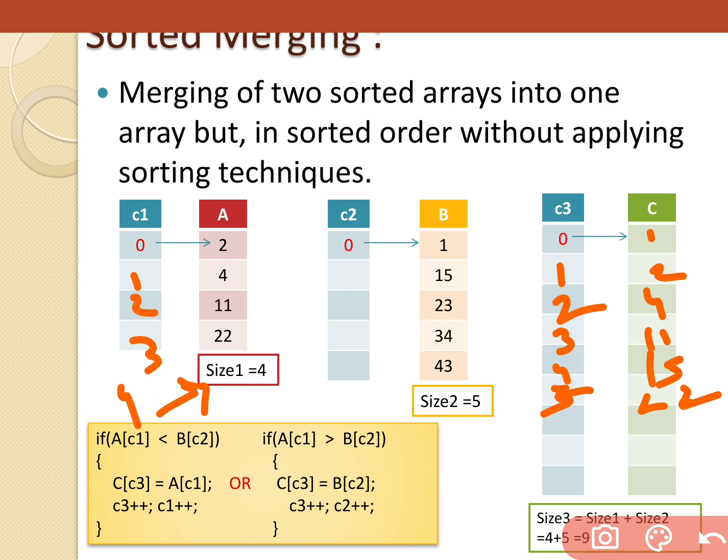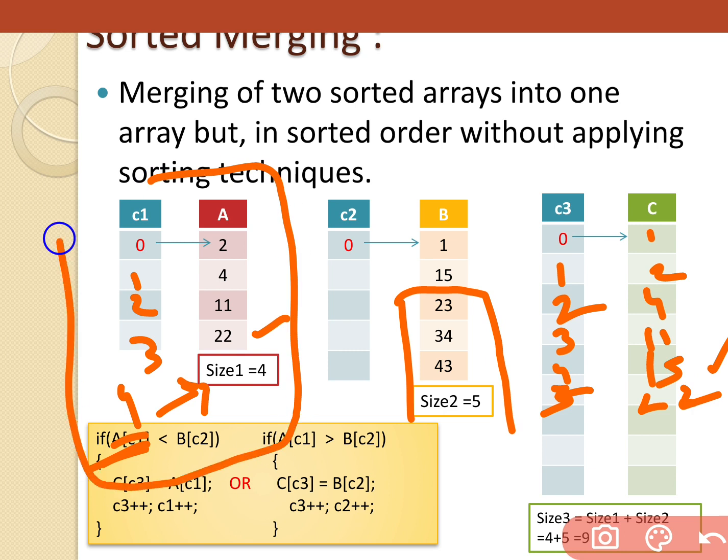One by one the counter increases, and the counter comes till the end. But here these elements still remain. Till 22 we had already filled, but 23, 34 and 43 are still left. This array is already completed and this remains, means we have to fill all the elements.